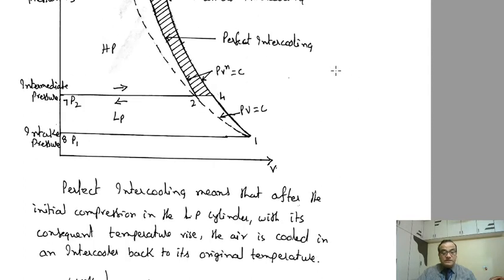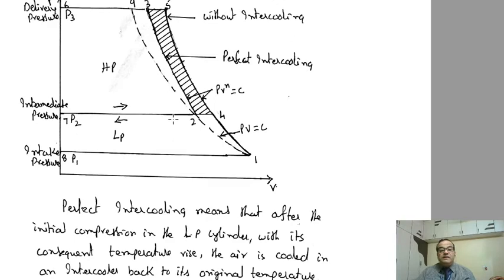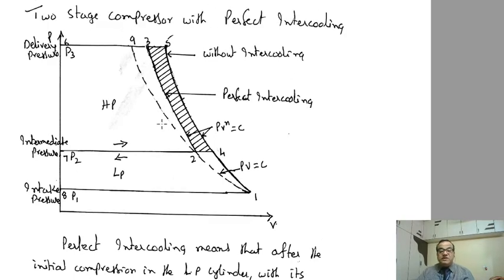So we'll analyze basically this equation. We'll derive an equation for work done for a two-stage compressor with perfect intercooling now. So 1, 2, 7, 8 is the first stage compression. Then the high pressure compression.